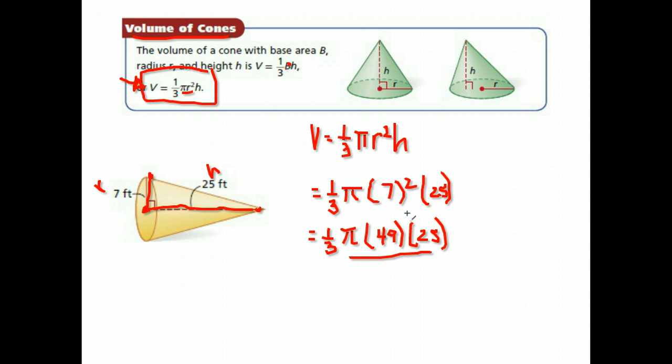So multiply pi, which is about 3.14, but if you have the pi button on your calculator, use the pi button. So pi times 49 times 25, and then to do the 1/3, just divide by 3. When we do, we got 1,282.8, and that would be in cubic feet.